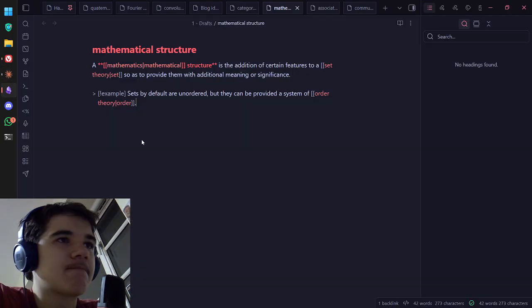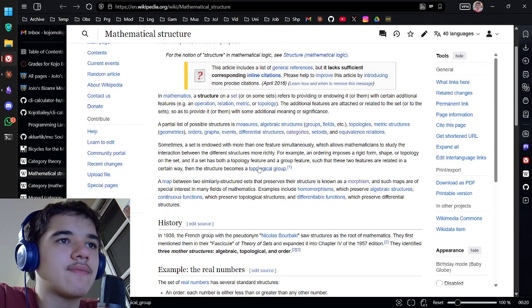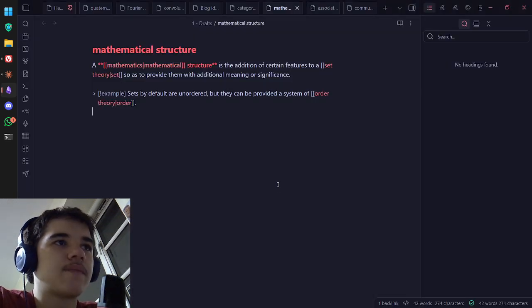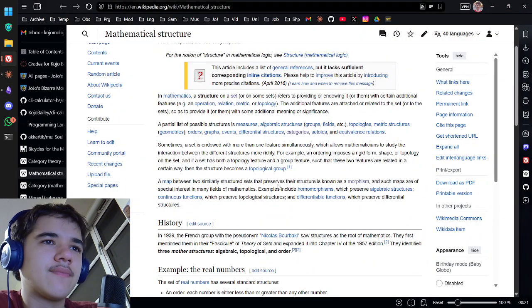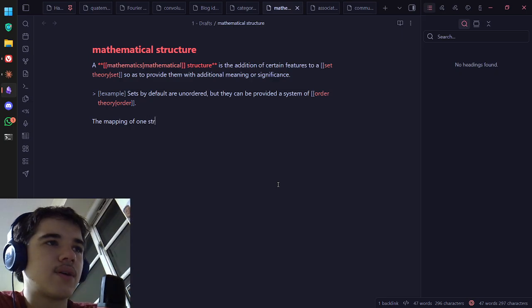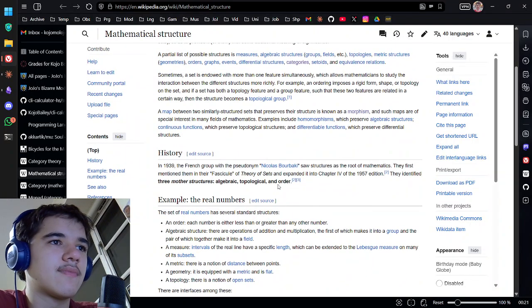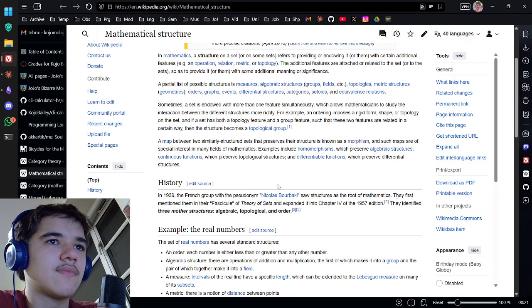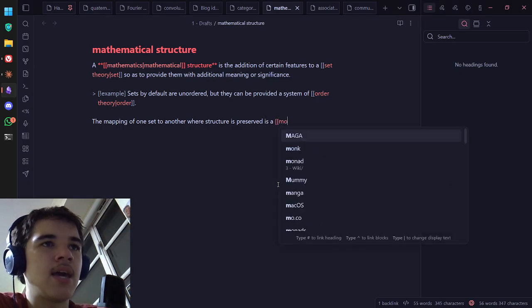So let's go ahead and write this down. The mapping of one structure to another, well, from one set to another, where structure is preserved, is a morphism.